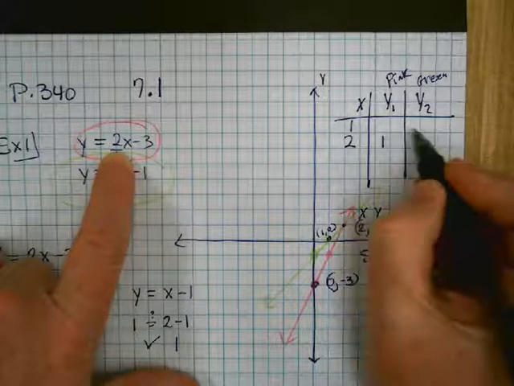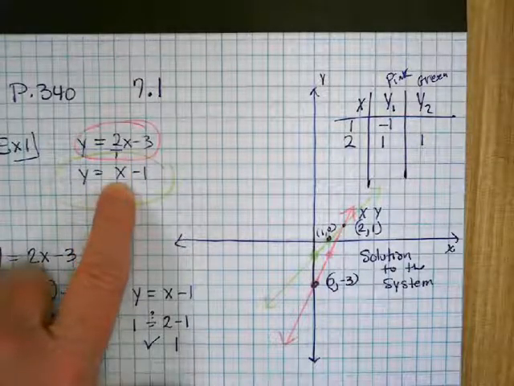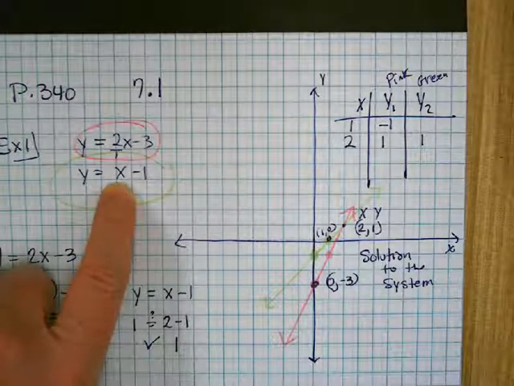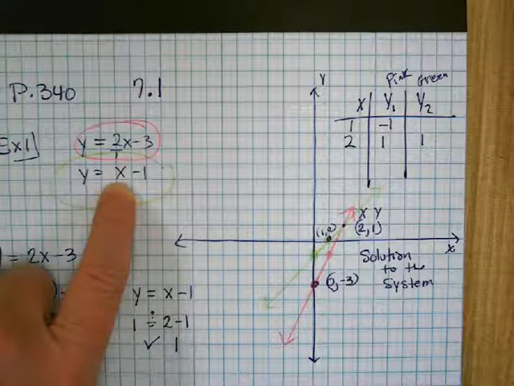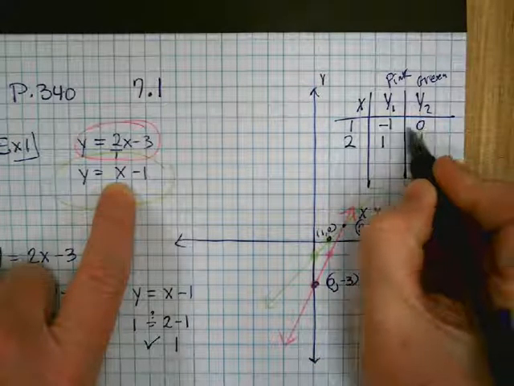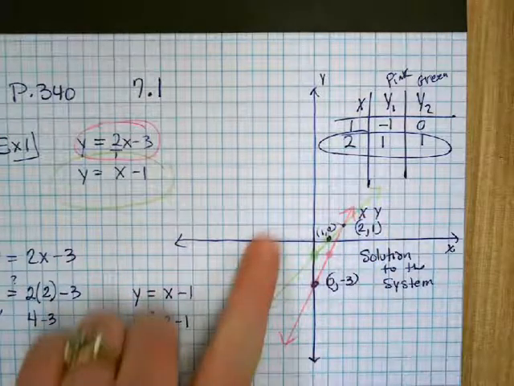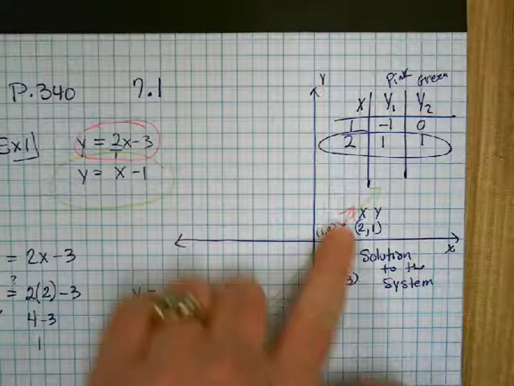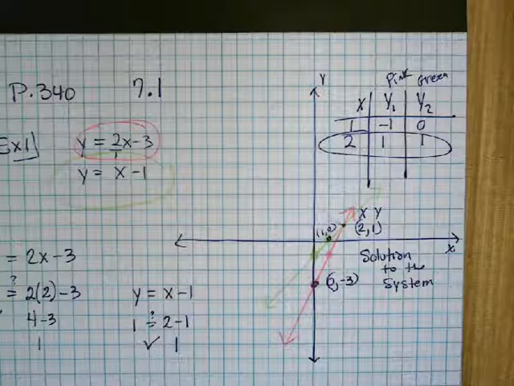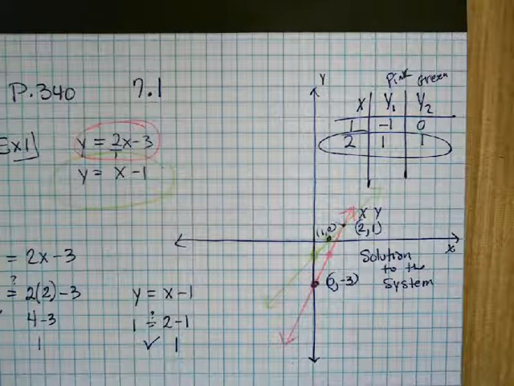Negative 1. If you put 1 in place of the x in the green equation, what would you get? 0. See, they're not the same right here. So you're looking for the spot where they're the same. You're going to be graphing and looking for the spot where they cross. Let's do another example.